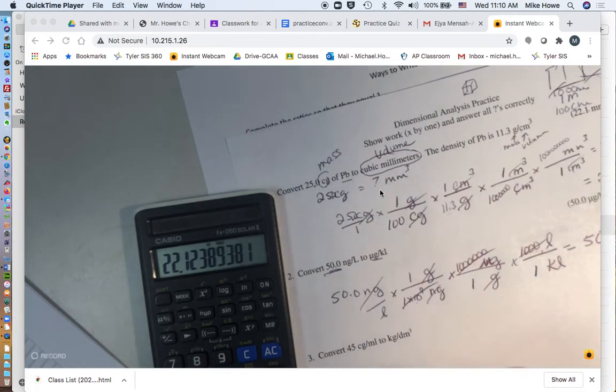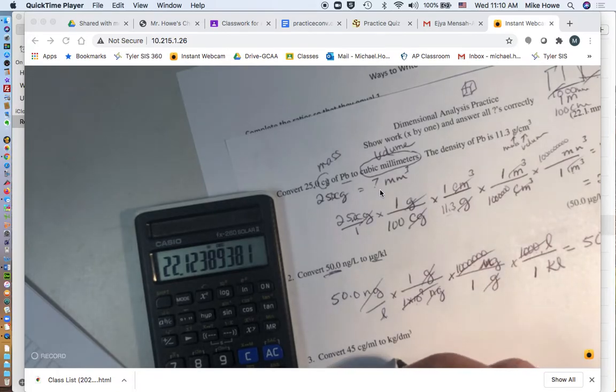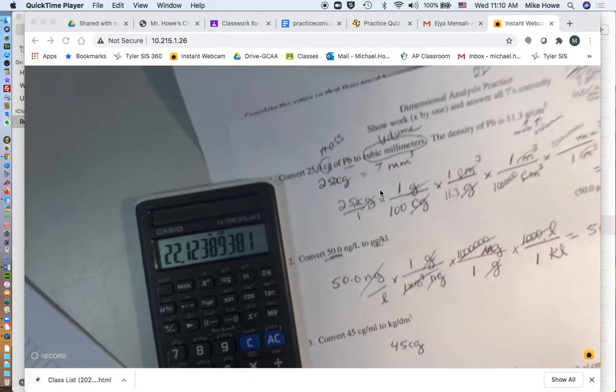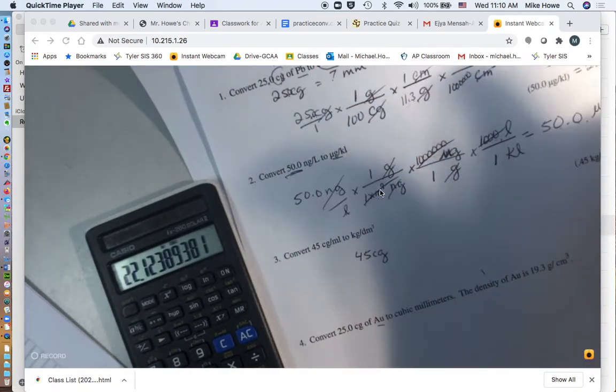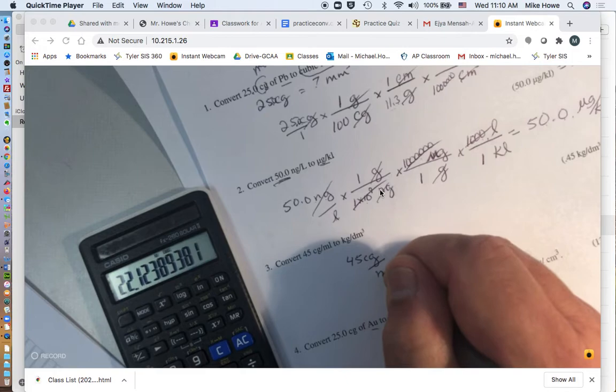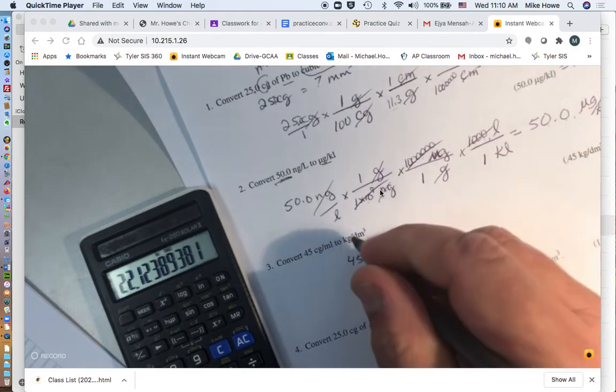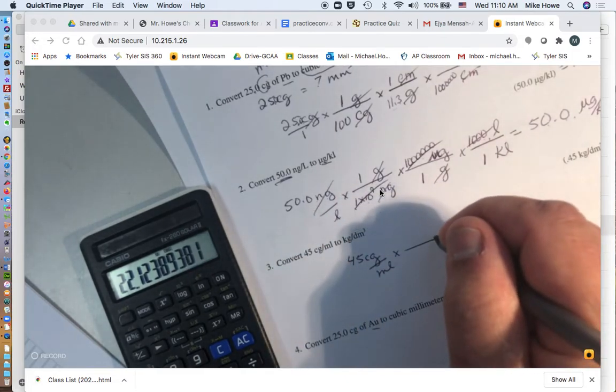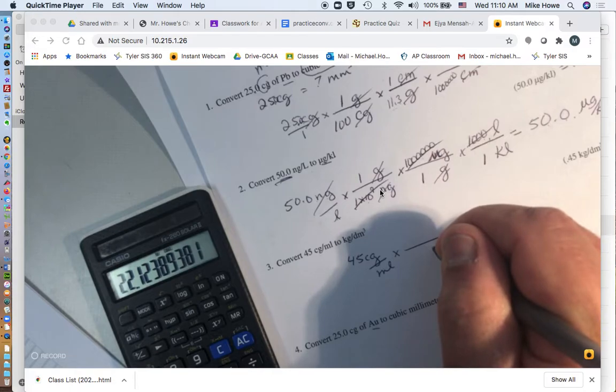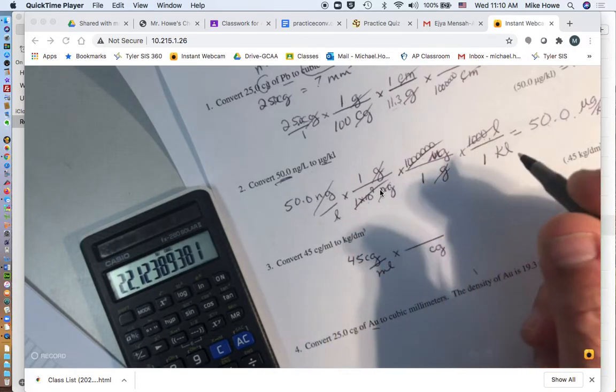I'm going to go ahead and do number 3 and leave 4, 5, and 6 for you to try. So 45 centigrams is our next one per milliliter. We want to change to kilograms, so I'm going to get rid of centigrams by putting it on, you guessed it, the bottom.